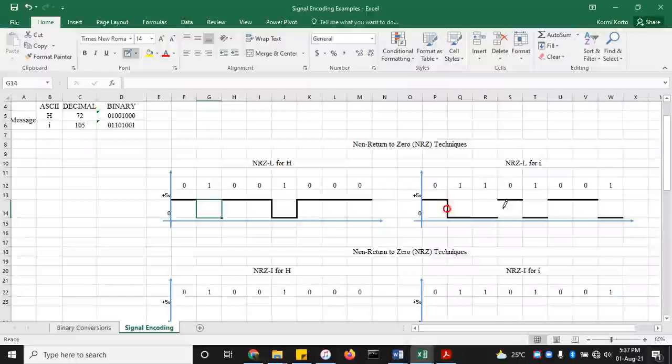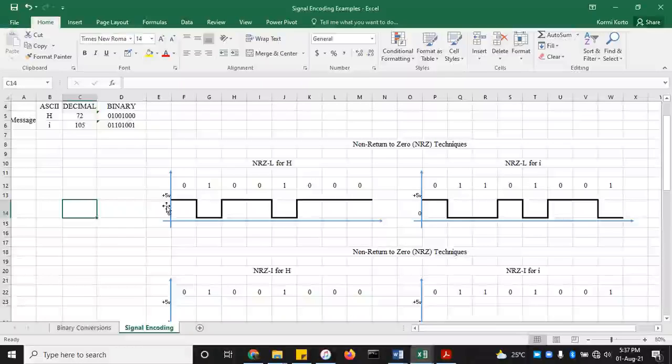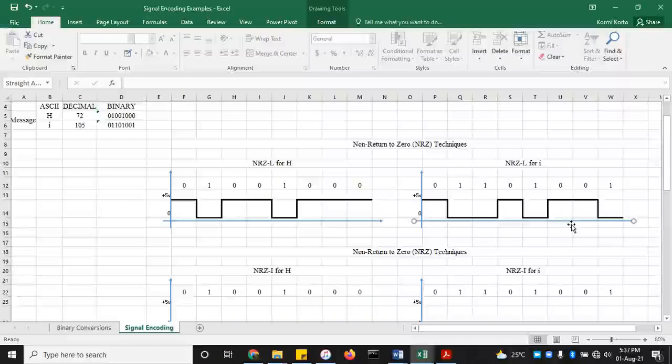And you can just join them up or link them together to give you the signal that you need for the message. So this is what a computer would actually transmit over a medium or within the circuitry boards as a signal for a technique that relates to non-return to zero level.